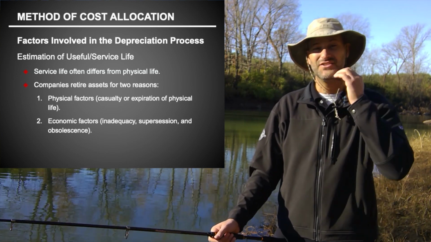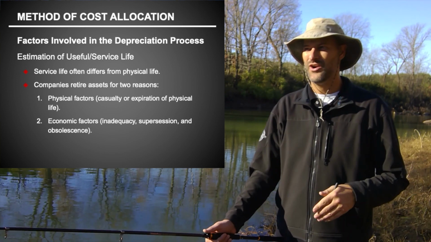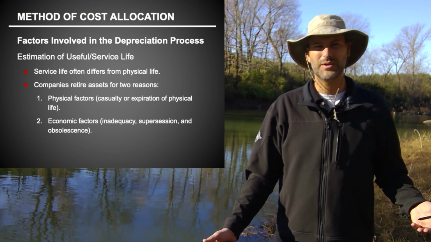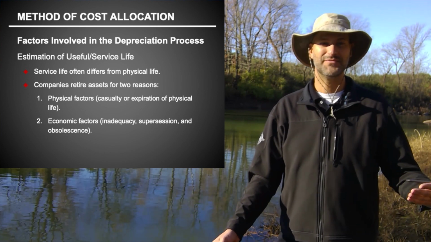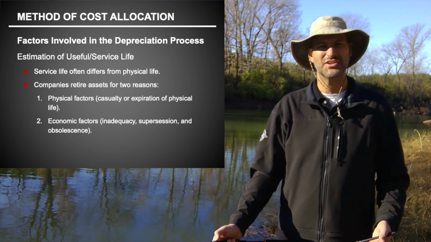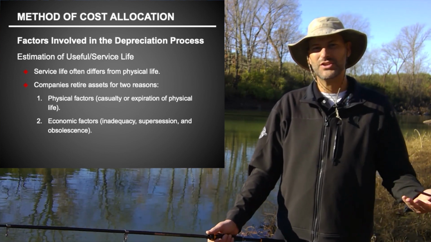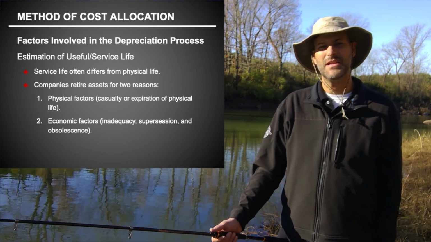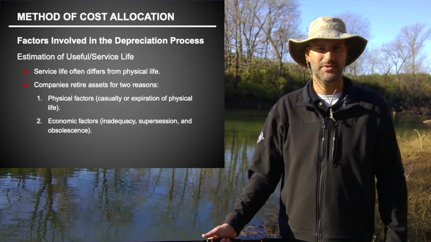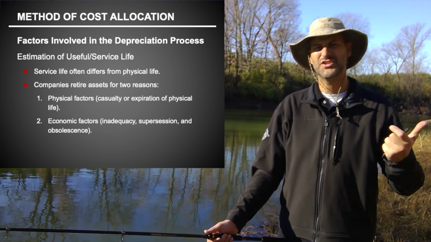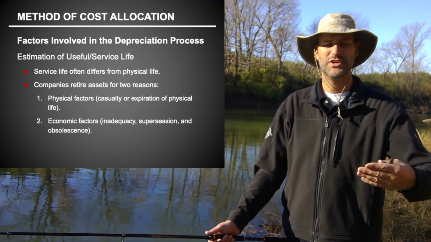A lot of technology falls in this category. Does your phone still work, but does it work sufficiently well to be useful, or do you need to trade it in because it's essentially obsolete? So there could be physical factors or economic factors that drive a service life less than the physical life of something. So that's just going to determine how long you're going to use this.